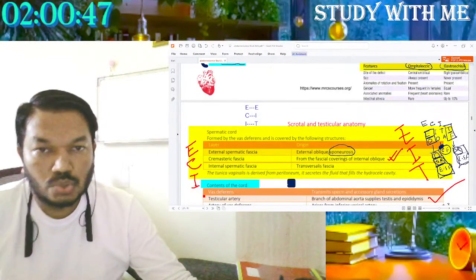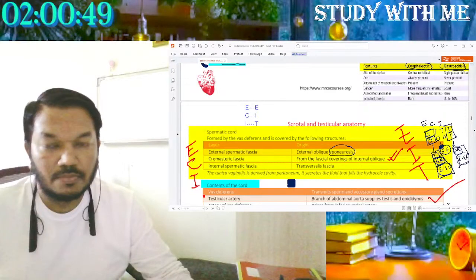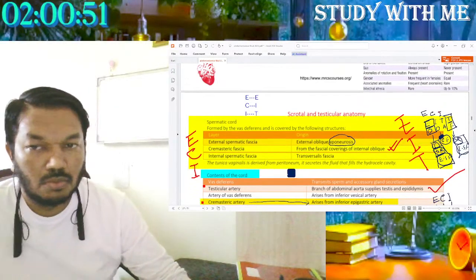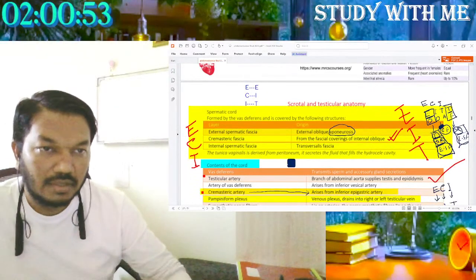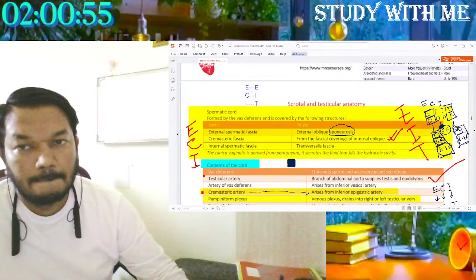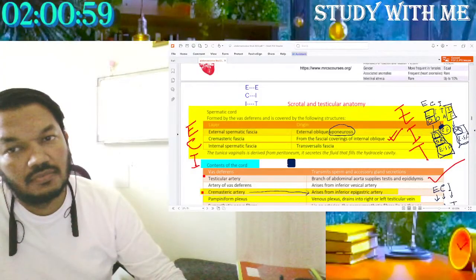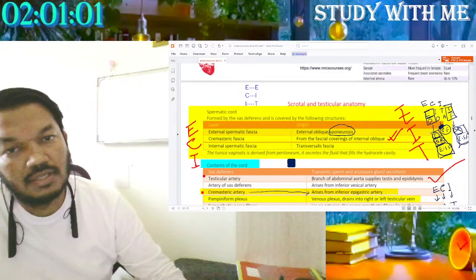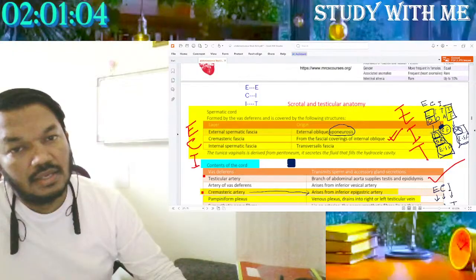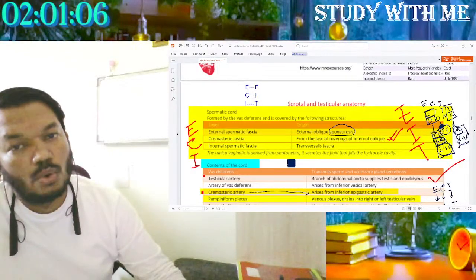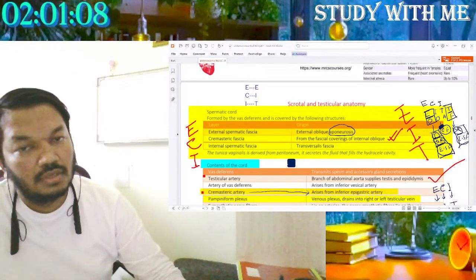Now, scrotal and testicular anatomy. If you remember anterior abdominal wall layers, this will be very easy. Spermatic cord formed by the vas deferens and is covered by the following structures. Origin, you first look for the origin.